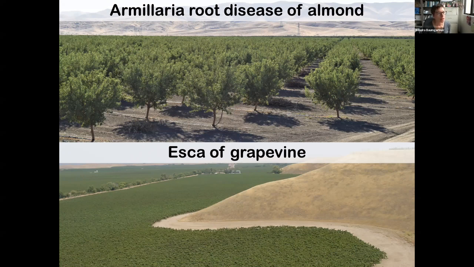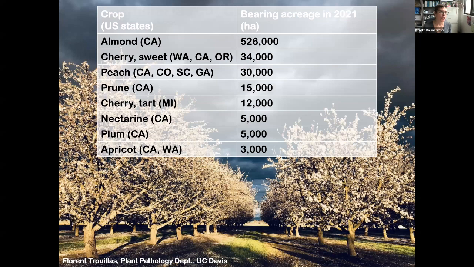Before I start speaking about almonds, I wanted to share some of the statistics on just how important almonds are as a crop in the United States and especially in California. You can see in this table almond production, and I've listed almonds and all of the different stone fruits. In parentheses are the US states that they're grown in primarily.